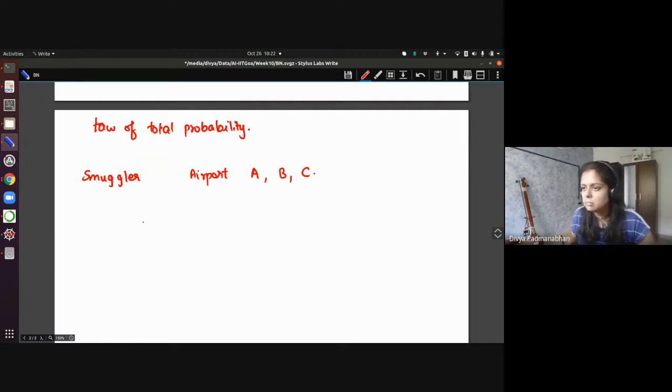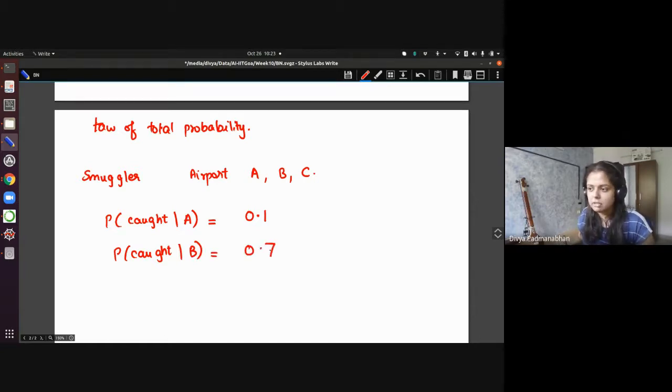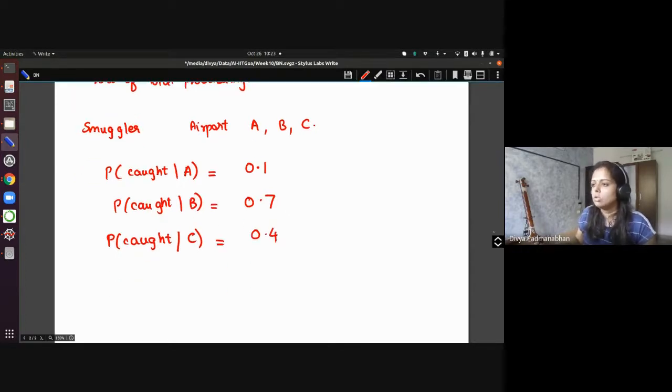Let's say these airports have different levels of checks. The probability that the smuggler gets caught if he took airport A is maybe 0.1, very lax security. The probability that he got caught if he took airport B is maybe 0.7, and if he took the route via airport C, let's say 0.4.